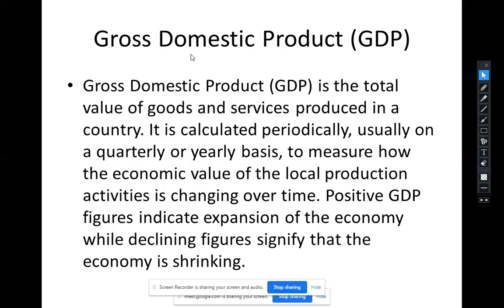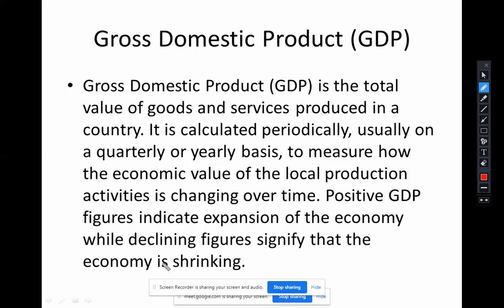So positive GDP figures indicate expansion of the economy, while declining figures signify that the economy is shrinking. If the GDP of USD is positive, what does it indicate?